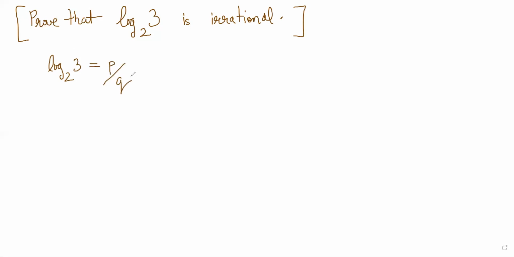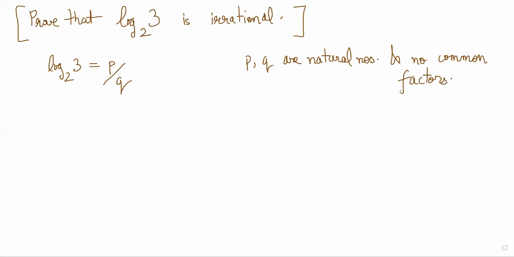Now P and Q are natural numbers here, and they have no common factors. Wait, no, they're integers, not natural numbers, because they can be negative. No, it can't be negative. In this case, it is a natural number because this is positive. Yeah, they can't be negative, you're right, sorry.